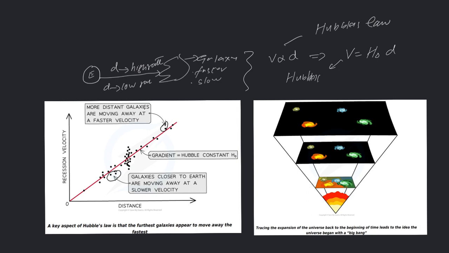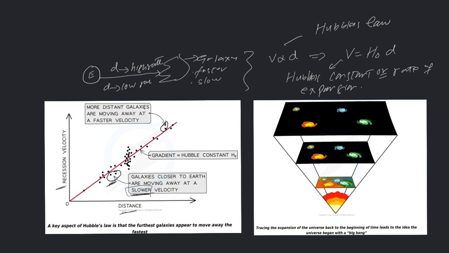This is Hubble's constant, or the rate of expansion of the universe. If we plot a graph between recession velocity and distance, we will get a straight line. The galaxies near the origin are close to the Earth, because they are moving at a slower velocity.